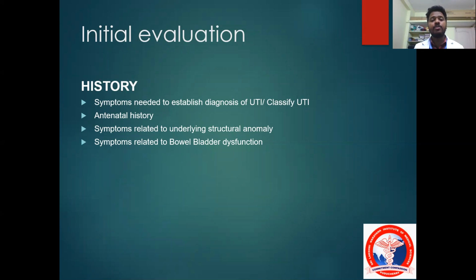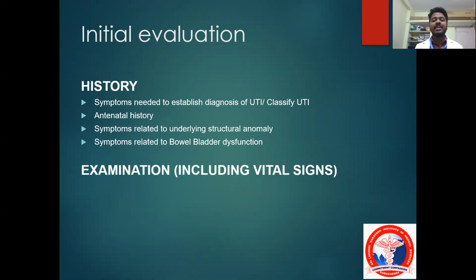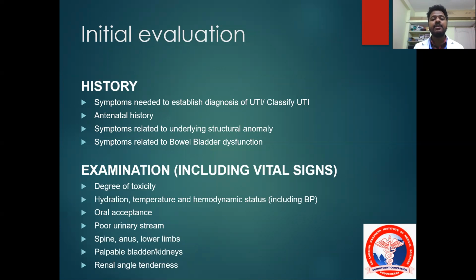So we also have to take the antenatal history, and then symptoms related to underlying structural anomaly and symptoms related to bowel bladder dysfunction. These symptoms we'll be discussing in the further slides. Examination includes vital signs. We have to look for temperature, and whether there is tachycardia or tachypnea. If there is tachycardia or tachypnea, then it signifies systemic toxicity, and the child can have septicemia also.